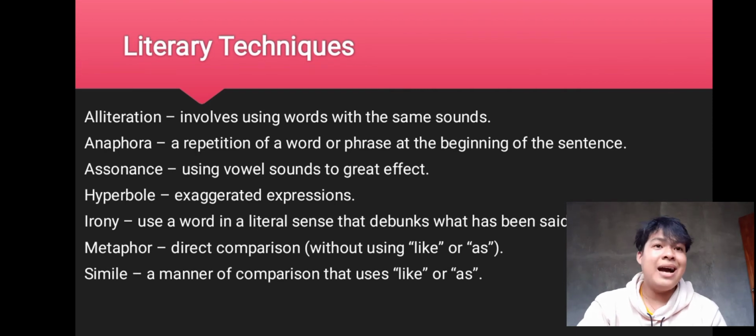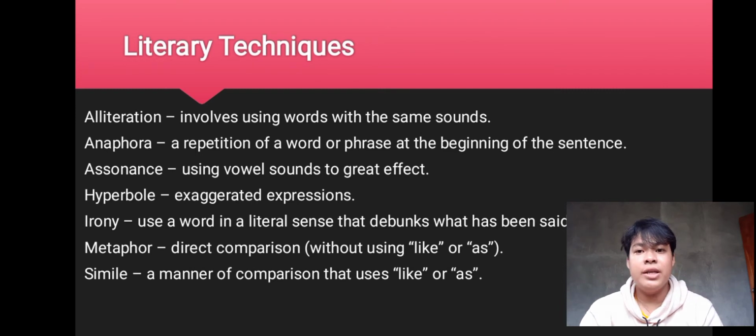This tree is the god of the forest. So he compared the tree to the god of the forest. Obviously, the tree is not a god, okay? In fact, it is a tree. However, by stating that a tree is a god, the reader is given the image of something strong, large, and immovable.